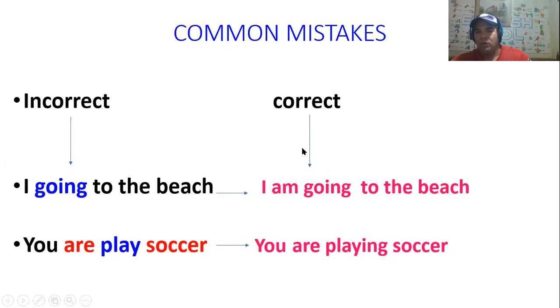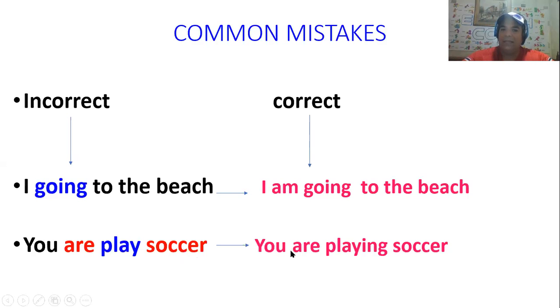Otro error muy común, another common mistake, is this one. Some people do write the verb to be, pero se les olvida escribirle ing al verbo progresivo. Entonces, you are play soccer. La traducción sería, tú estás jugar fútbol. Incorrect.